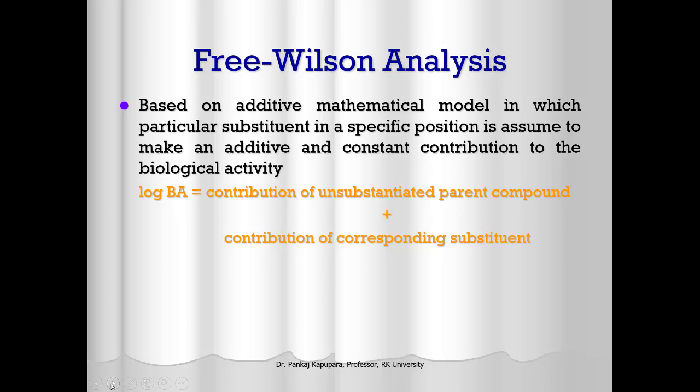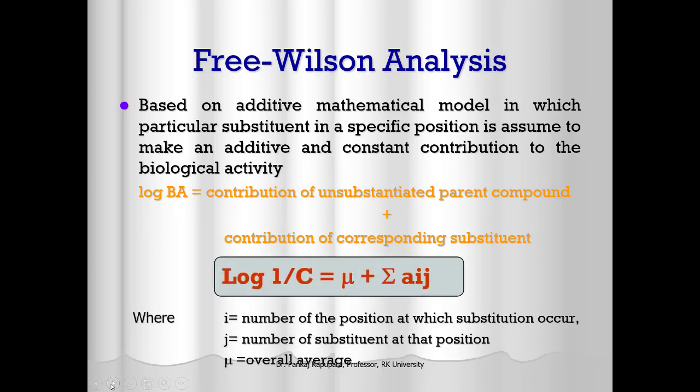Log biological activity is equal to the contribution of the unsubstituted parent compound plus the contribution of the corresponding substituents. It can be explained like this: log 1 upon C is equal to mu plus summation of aij. I means the number of the position at which substitution occurs, J means the number of substitutions at that position, and mu is the overall average.